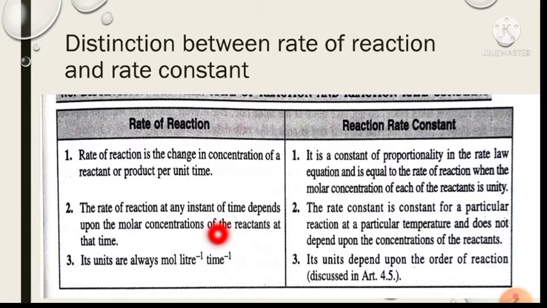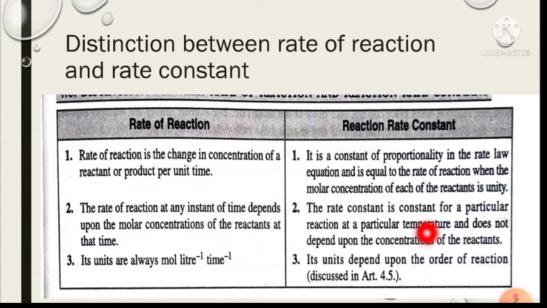That means if the molar concentration is high, then the rate of reaction will also be high. If the molar concentration of reactant is low, then the rate of reaction will also be low. But the rate constant for a particular reaction depends only on temperature and does not depend on the concentration of reactant, because we are taking the concentration of reactant as 1 molar.